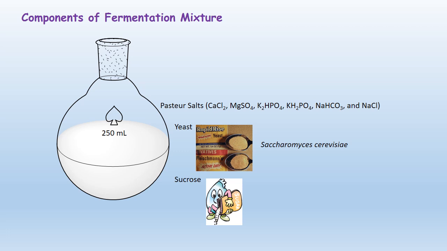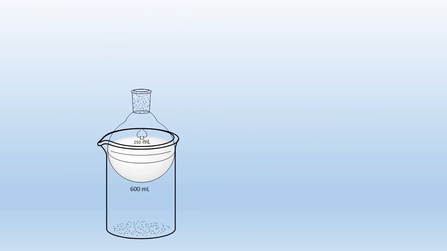So they're called Pasteur salts. And you can read further about that if you would like to see what role they're actually playing in this process, but I will not go into those details here. But you can think of this as just being a nutrient medium for the yeast. And then finally, we are adding some DI water.